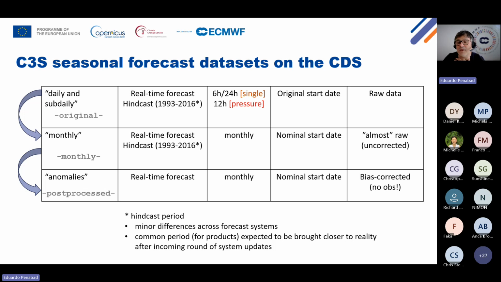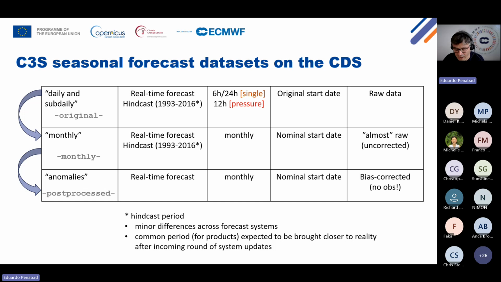And then from that monthly data, we produce a first set of post-processed products that are the anomalies with respect to that period, 1993 to 2016, of each one of the model climates. Regarding this hindcast period, there are minor differences across forecast systems, and with the introduction of new systems in the last few months and in the near future, we will be moving the baseline period closer to real time.